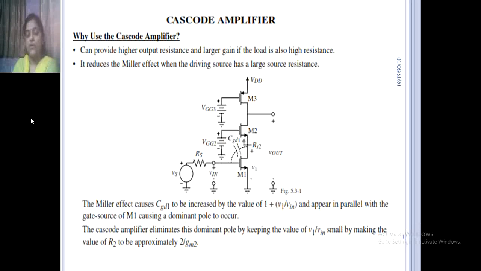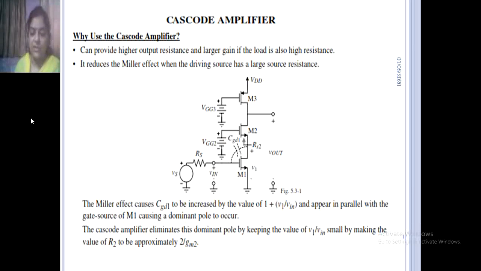So what is the benefit of this cascade amplifier? It reduces the Miller effect when the source has a large source resistance. To avoid that, cascade amplifiers are used. The Miller effect causes the drain-to-gate capacitance to be increased by the factor 1 plus V1 by Vin.